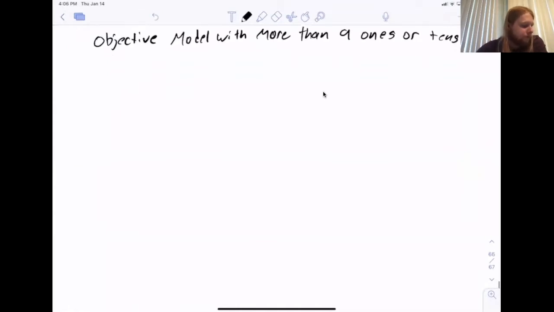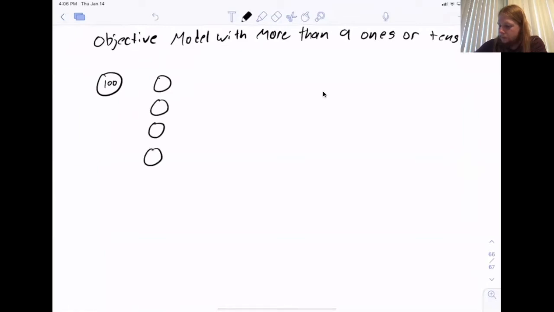And so what I'm going to do is I want to show you what happens when we have a certain amount of chips. So I'm going to draw a 100 chip here, and then I'm also going to draw 10 chips. Remember, they need to be close to the same size, but they don't have to be exact or perfect, as long as I can see that you have that idea.